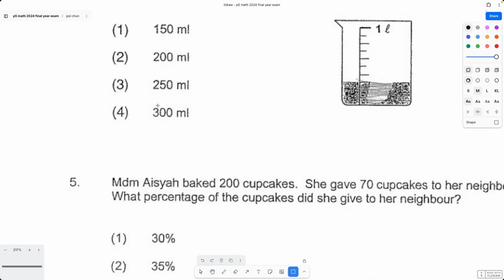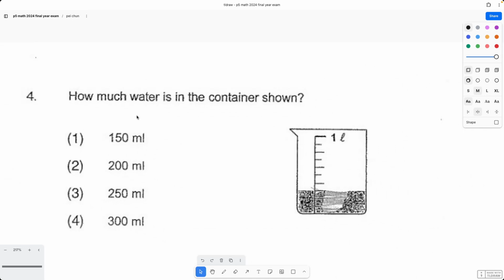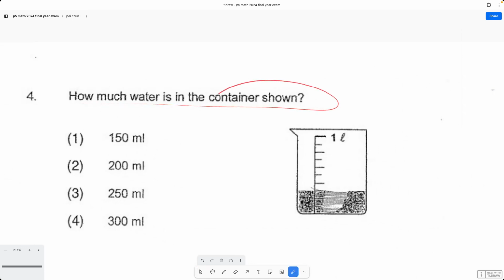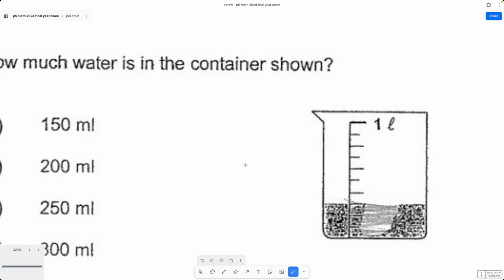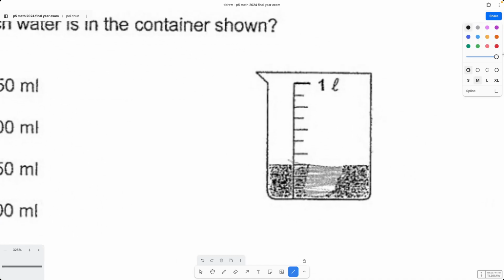Let's move on to question number 4. It says here, how much water is in the container shown? I'm going to draw some lines because it's easier to see. We have one line here, one line here, and one line here, and you see the other lines. I'm going to draw another line like this.